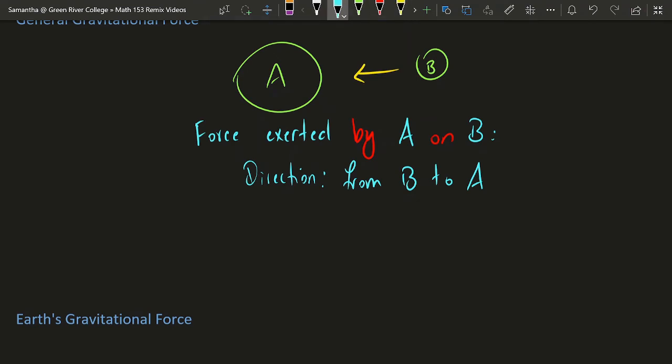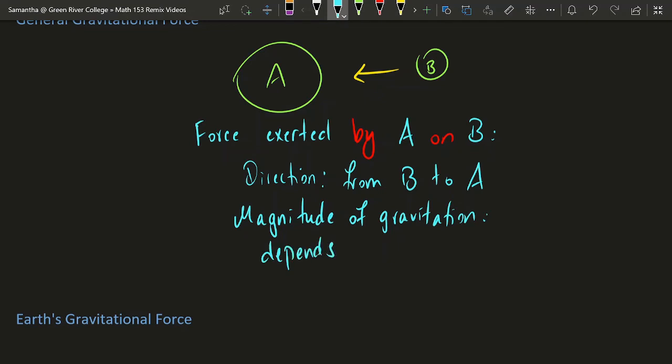The second property: the magnitude of gravitational force depends on both the size of object A. If you have, for example, a large planet, it's going to exert more gravitational force than a small moon.